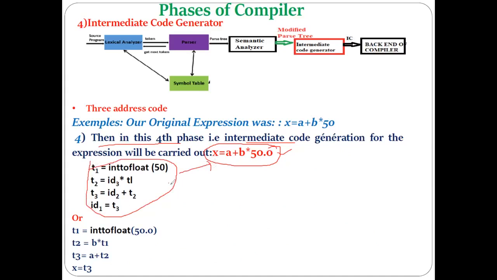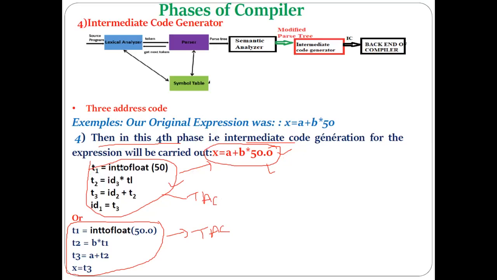Both of these intermediate codes are correct, and these intermediate codes are referred to as 3 address code. As I said, 3 address code contains at most 3 operands and the operator. So for this expression, the 3 address code will be generated like this.